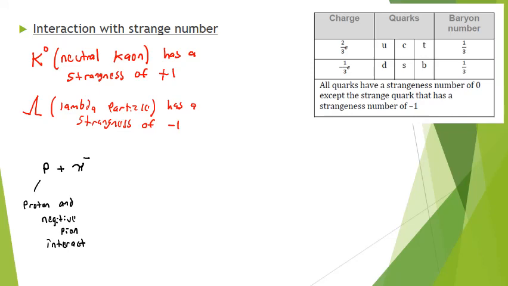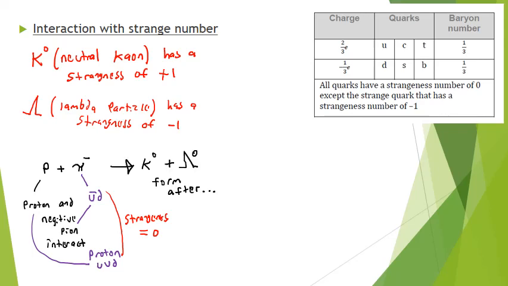So let's say that we have a proton and a negative pion, and these 2 particles interact. The proton is an up quark, and a down quark. The negative pion is an anti-up quark and a down quark. And then we have a strangeness of 0 here.